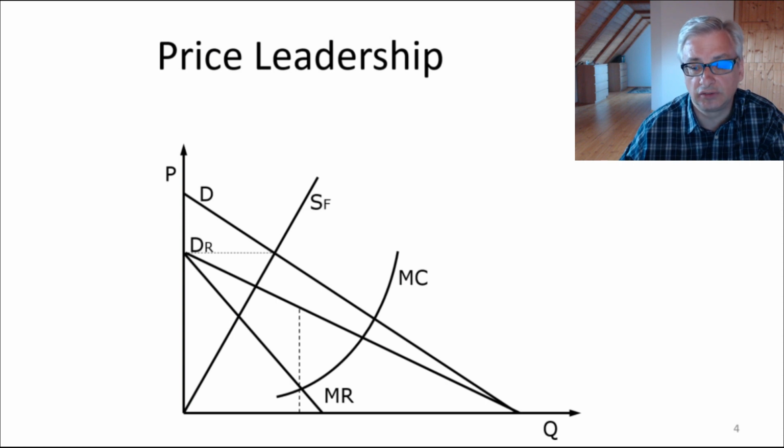That gives us the quantity produced by the leader, and that allows us also to find the price, which we find on the basis of residual demand. So our problem is partly solved. We know the production of the leader and we know the price. We know the price not only for the leader's production, but we know the price for the whole market.